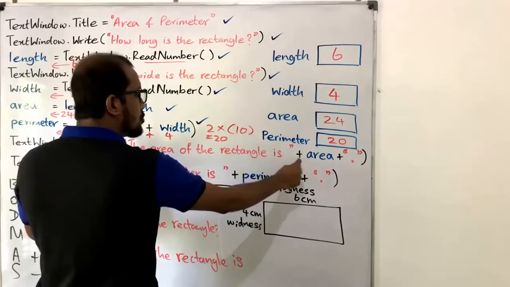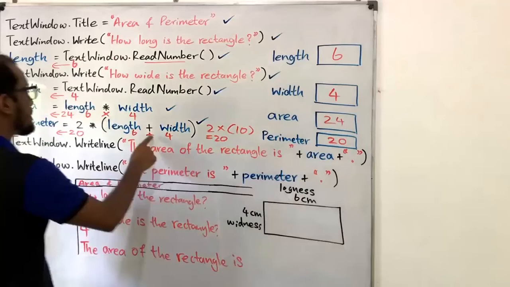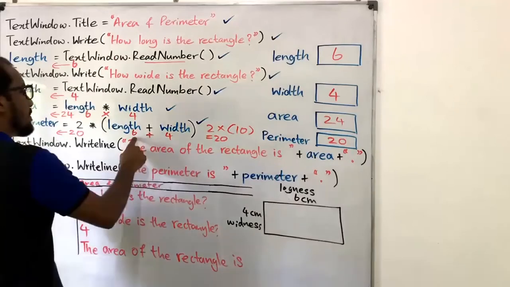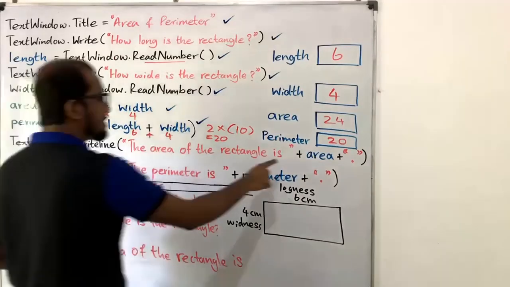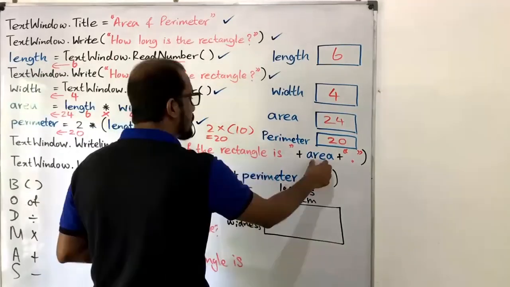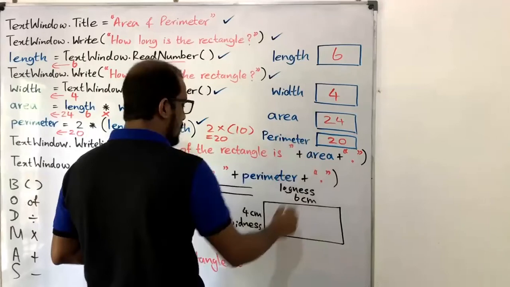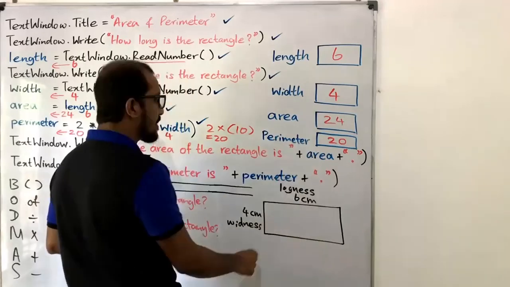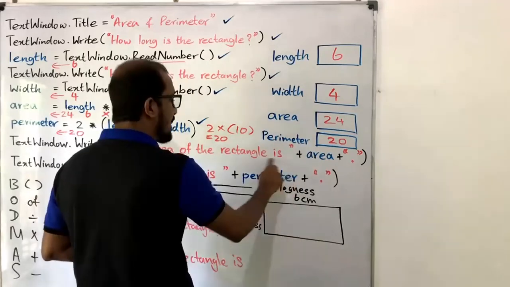Here addition does not mean mathematical addition, like 6 plus 4. Here addition means join: join the value under the variable area to the end of this statement. So what is the value under the area? 24.